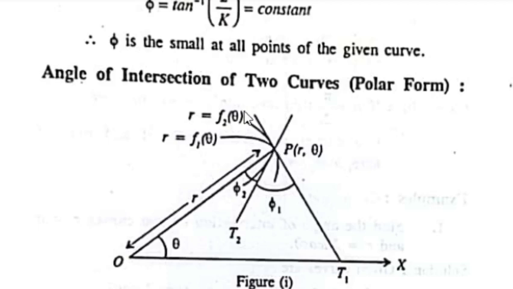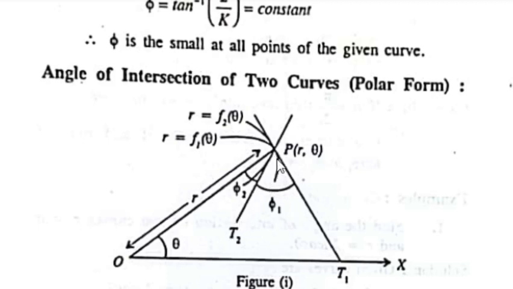That's all. So now see here, this is the first curve and this is the second curve. This is the tangent to the second curve and this is the tangent to the first curve.